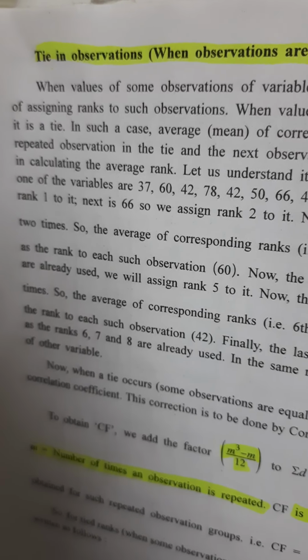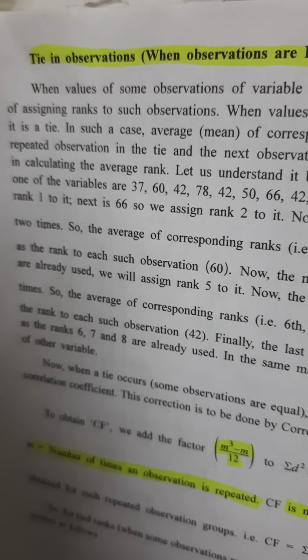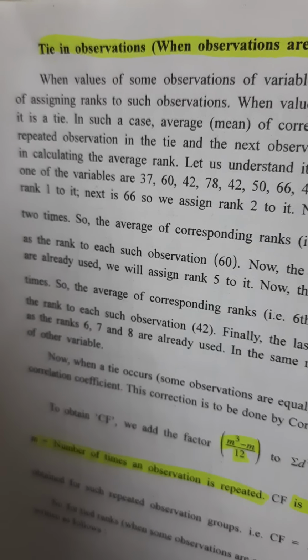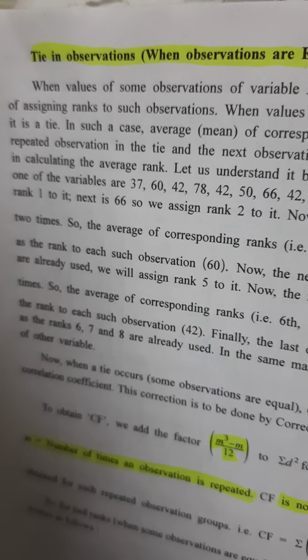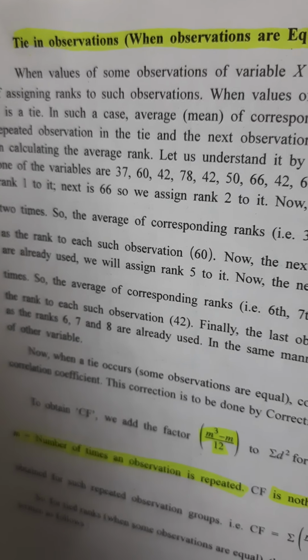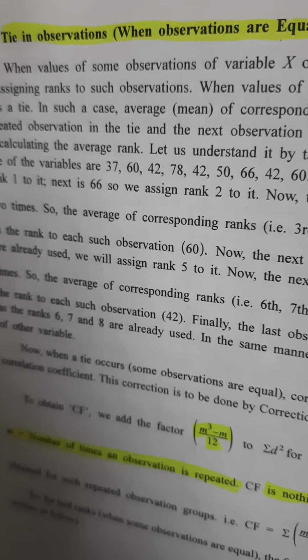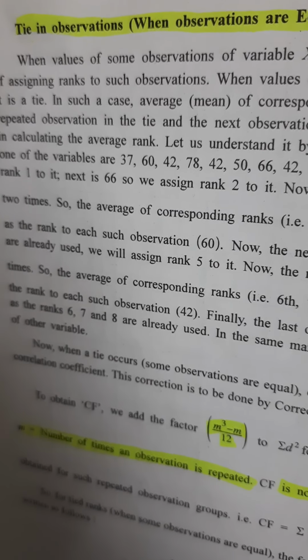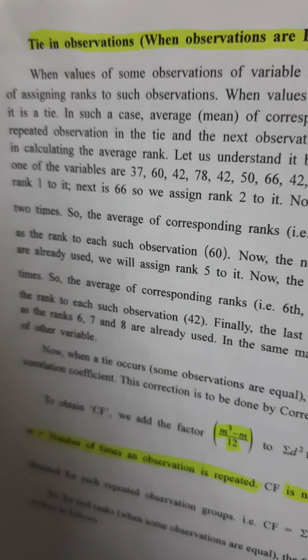That means either variable x or variable y has a value which repeats, maybe one value or more. Say, for example, if in an observation a certain value of x or y comes two times or three times or even more, what should we do?